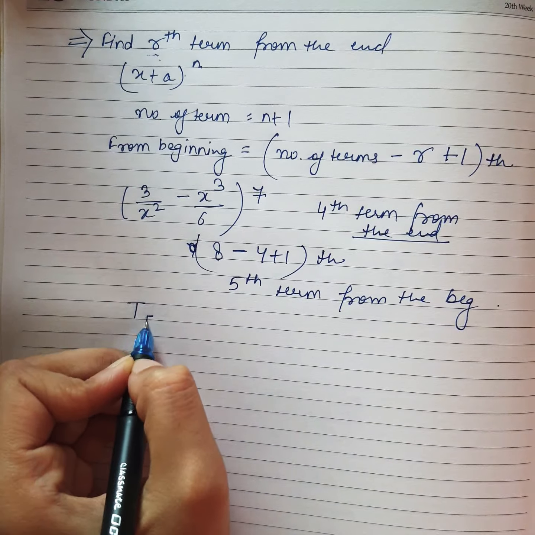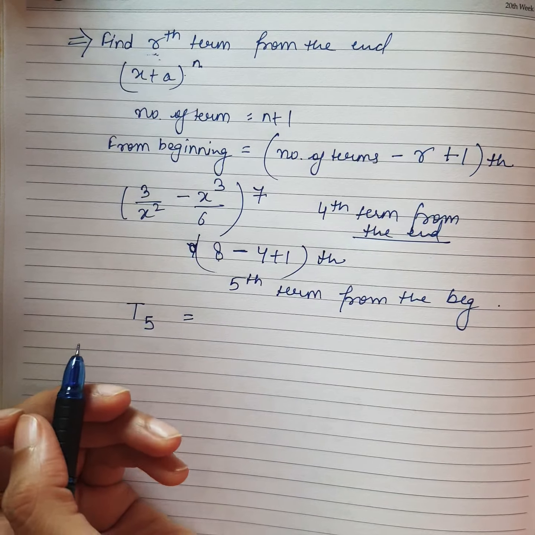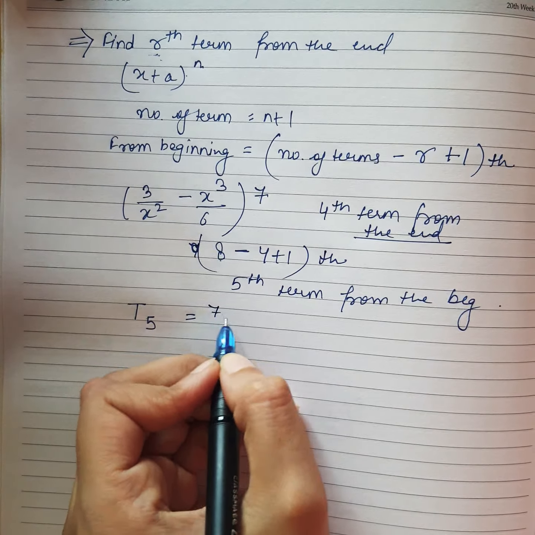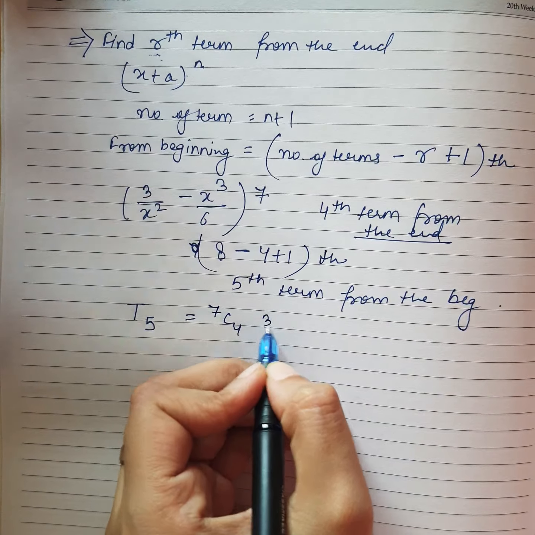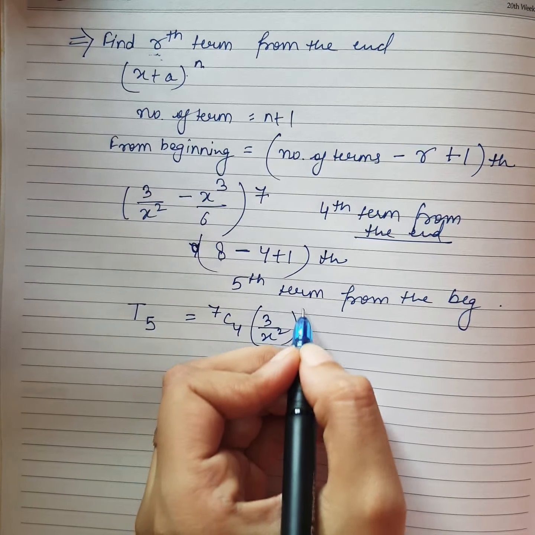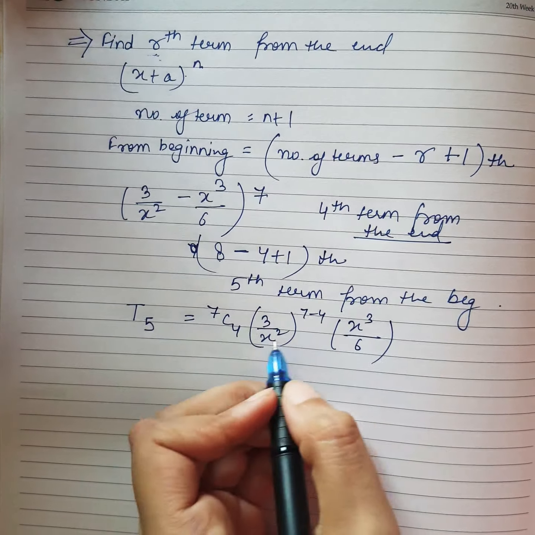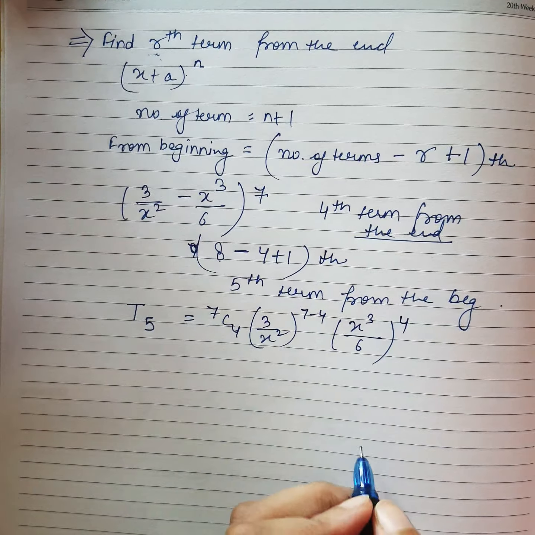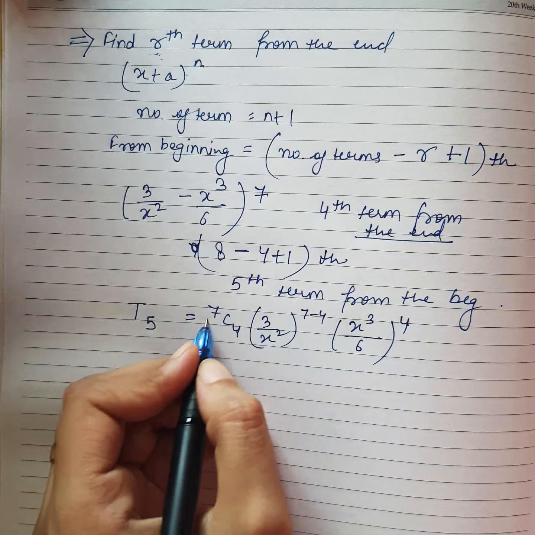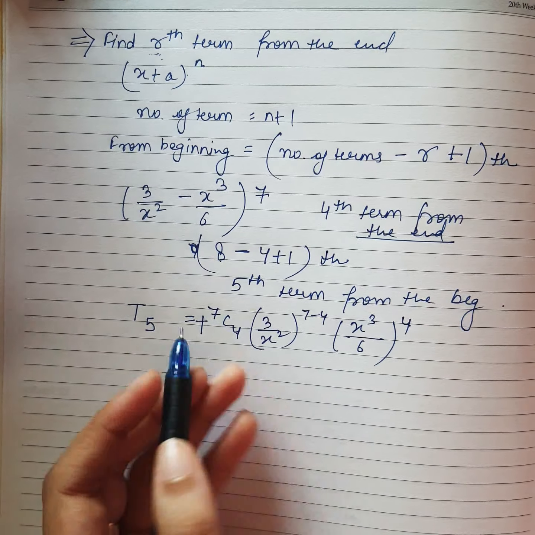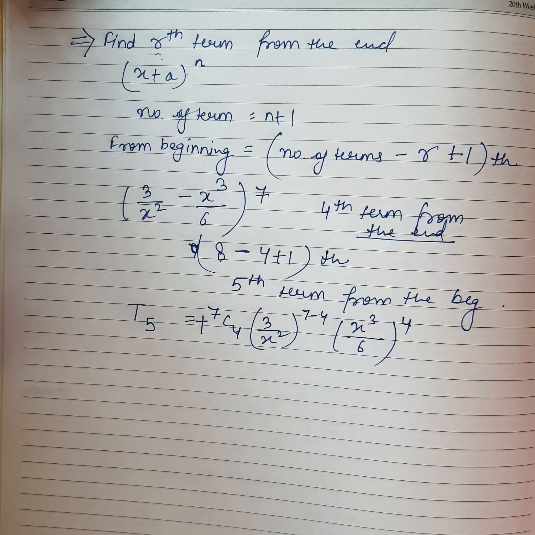So generally I will find T5 using the previous formula. 7C4, first factor 7 minus 4, second factor, this lower suffix of C is even, so positive, and then we can solve all of them.